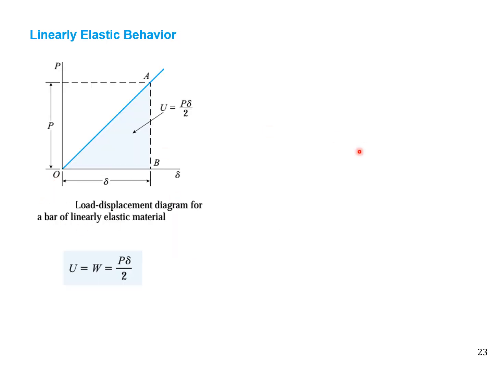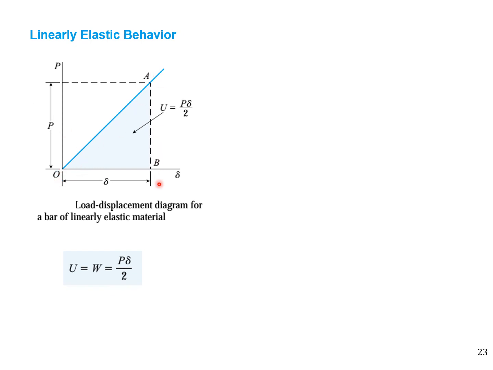So if we consider only the linear elastic region, or we say that material behavior is linear elastic, the curve between load and displacement will be a straight line. And if we want to calculate energy, we need to calculate the area under this curve or the work done.